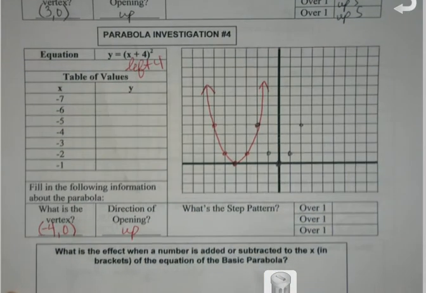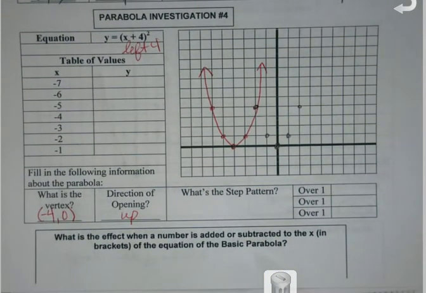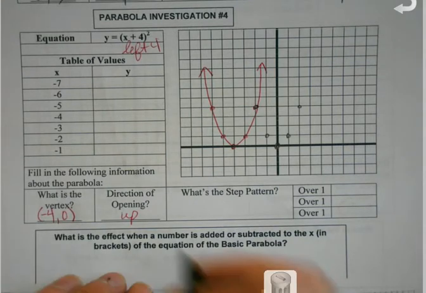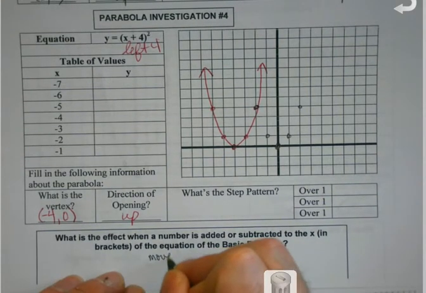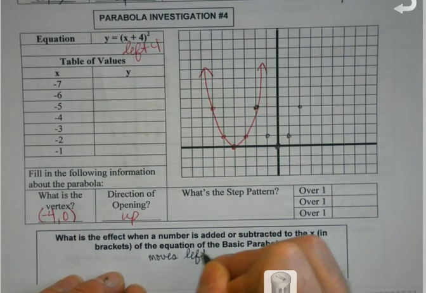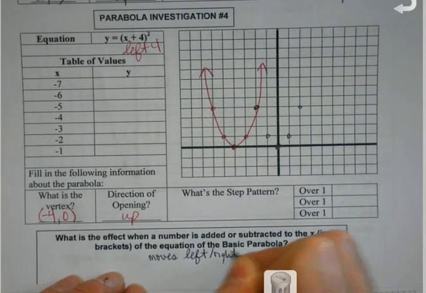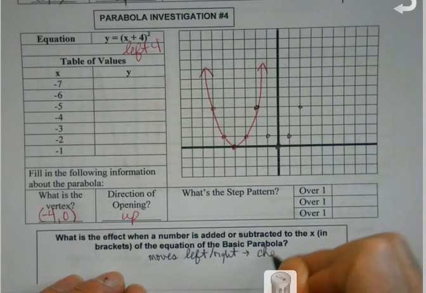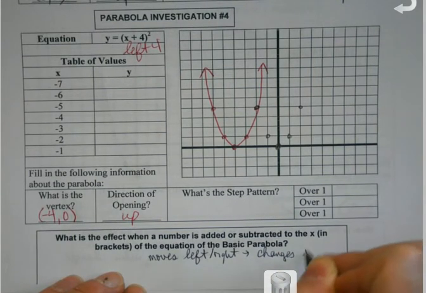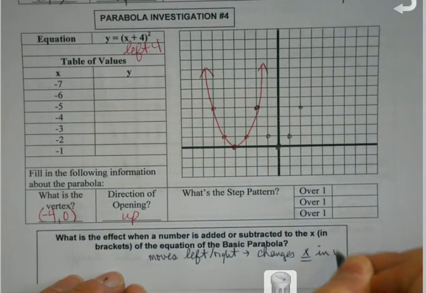So we notice a pattern developing here like we did on the other one. If I add or subtract the x in the brackets or the parentheses, it moves our graph left or right, and it changes the x in the vertex.